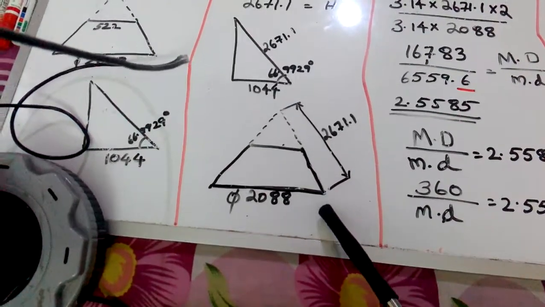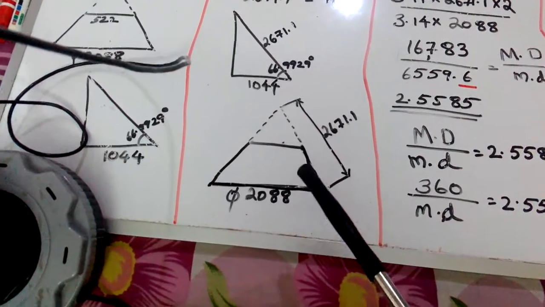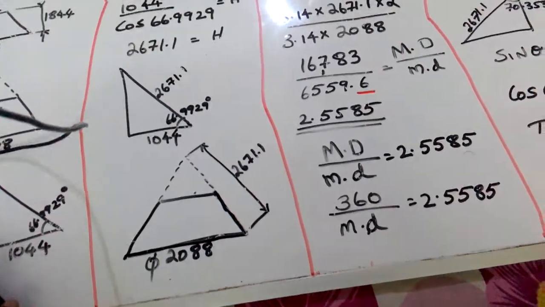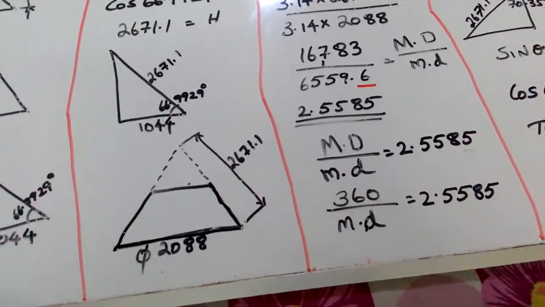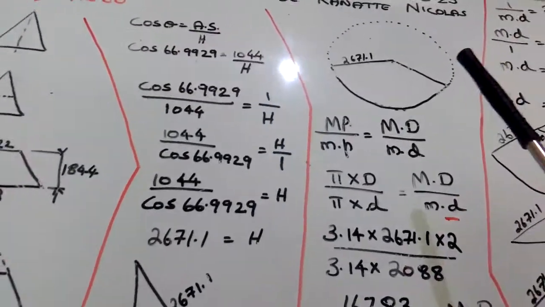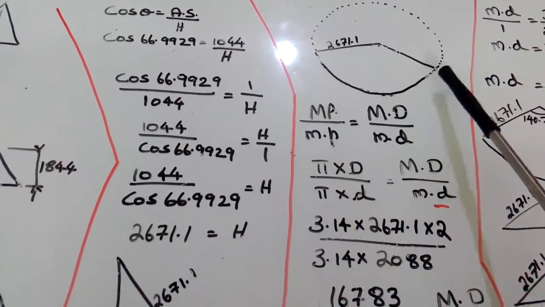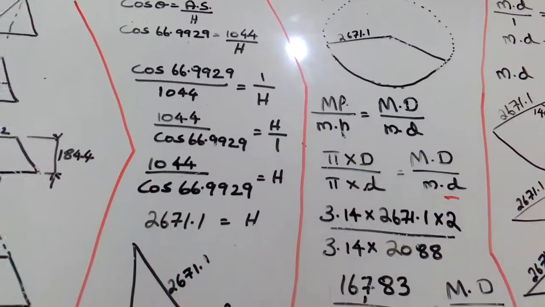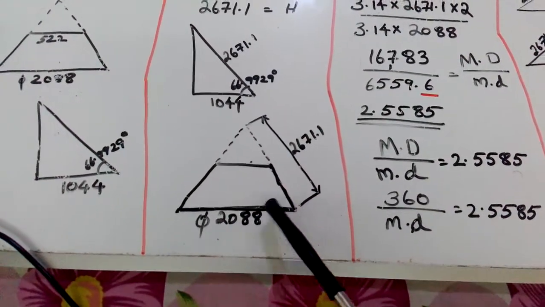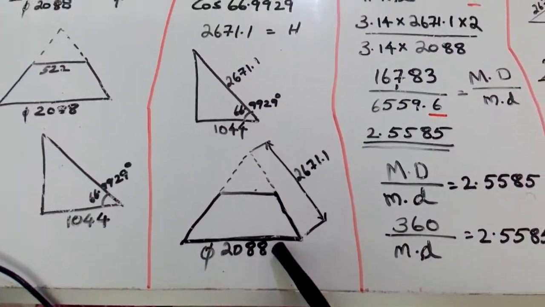We will make this kind of cone. If it has a diameter of 2088, for finding out this 2088 diameter cone, we need a perimeter. That perimeter is from here to here. We will mark it, cut it, and afterwards bend or roll it. Then it will become this kind of cone which has a diameter of 2088. So this is the diameter 2088.